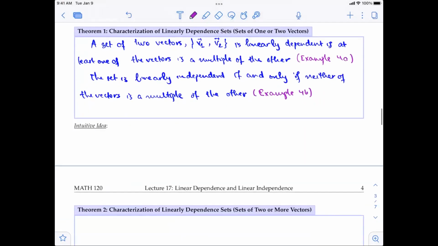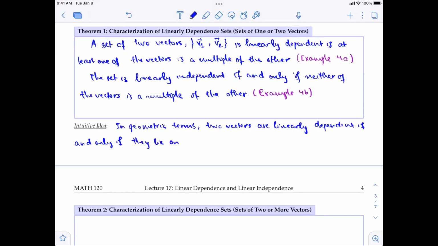All right, so intuitively, the idea in geometric terms is that two vectors are linearly dependent if and only if they lie on the same line through the origin.